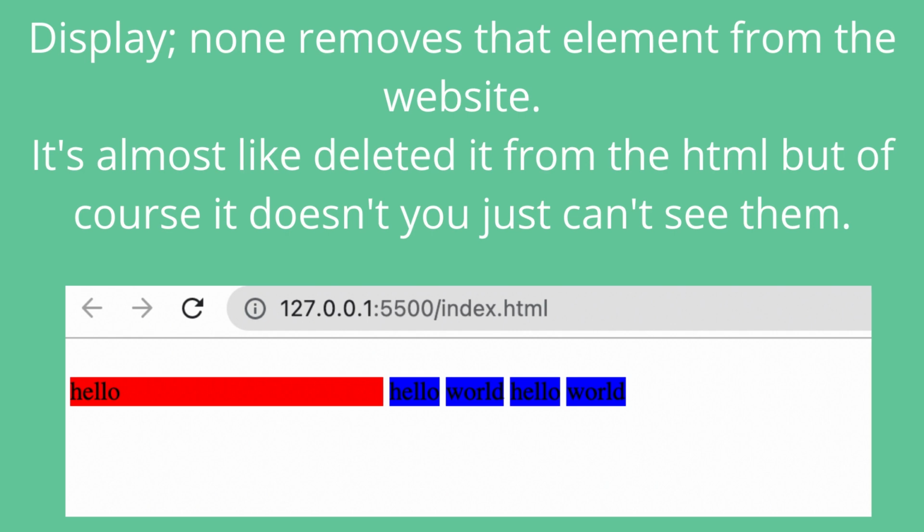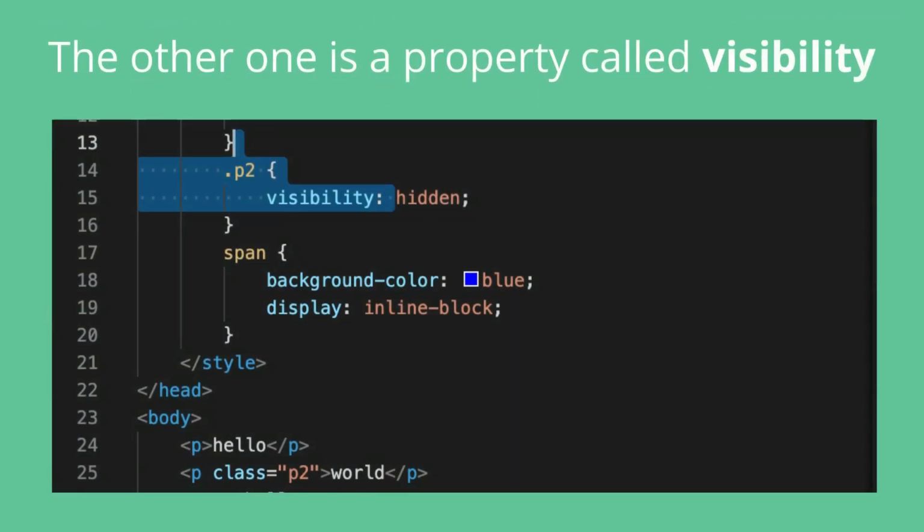Now, when you are trying to figure out how to hide things on your web page, there are two ways that you can do this. One is display none, as you have seen here, which takes that element out of the flow, and the other one is a property called visibility.